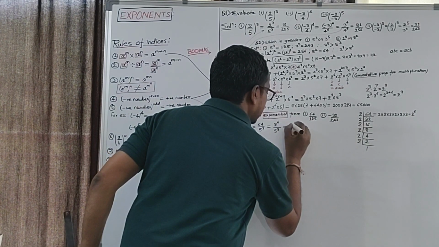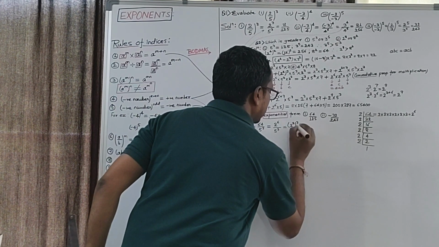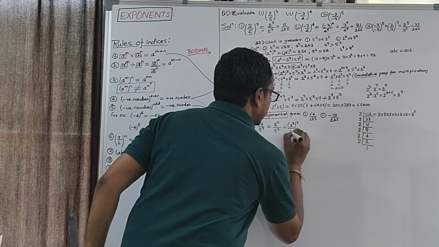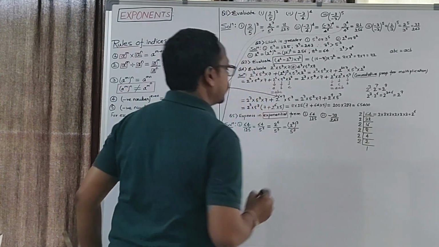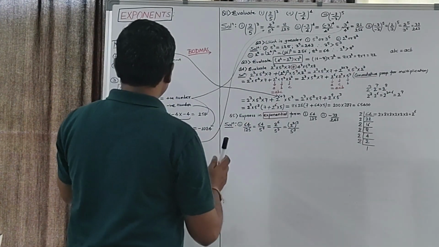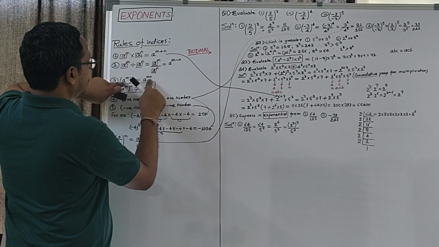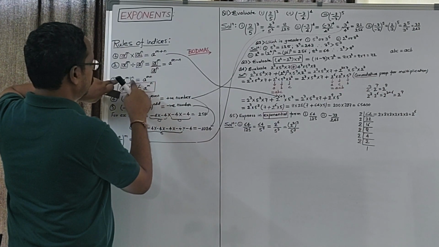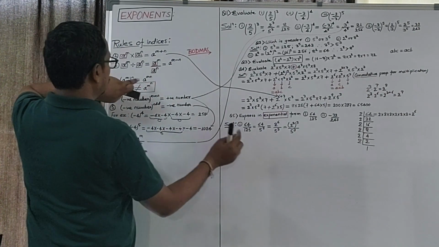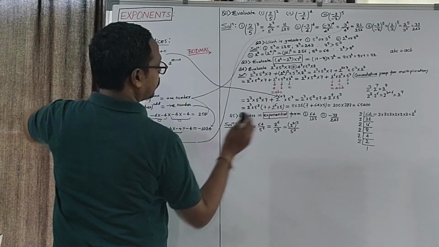First of all, we can say that 2 into 3 will give you 5 to the power 3. Are you okay with this? Because a to the power mn means a to the power m, whole to the power n, right? So this was given, and we have written it in this form, right?